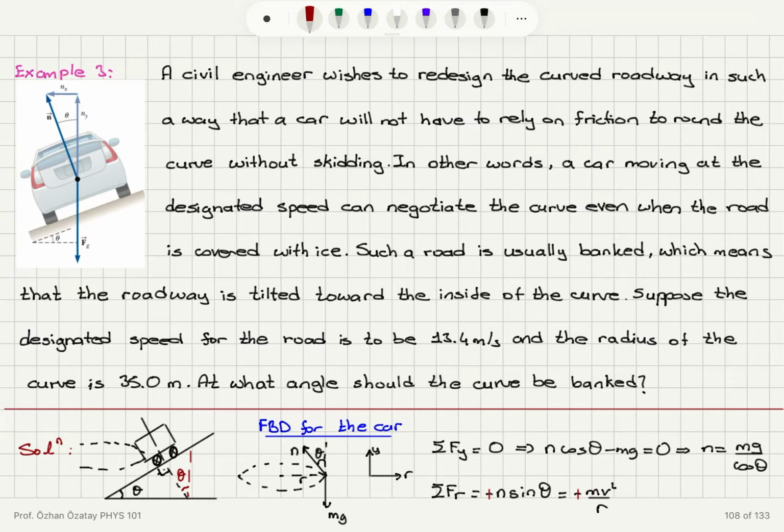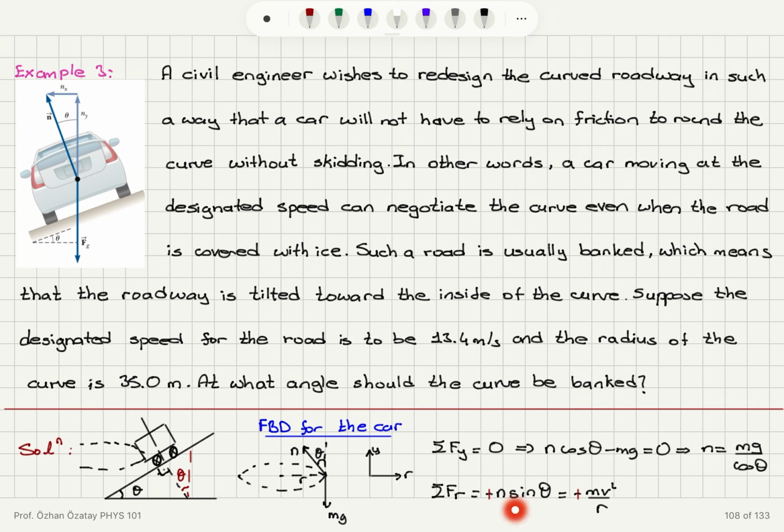Okay, so the idea in this example was to replace friction with another force. We have a special situation where the road is covered with ice. We don't want to rely on friction. The friction is almost zero here. Therefore, we use the tilt angle and the projection of the normal force from the road onto the radial axis in order to account for the centripetal acceleration.